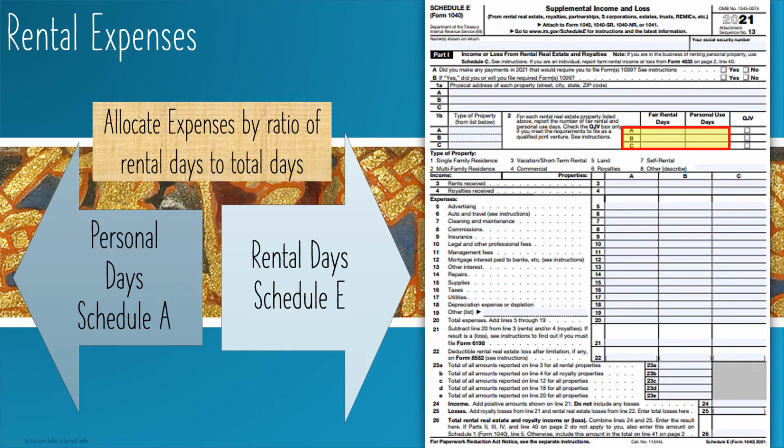If those expenses occurred for rental days, you would be allocating the portion of those expenses that belongs to those rental days to the Schedule E, and they would appear here on this grid, those lines 5 through 19 somewhere.